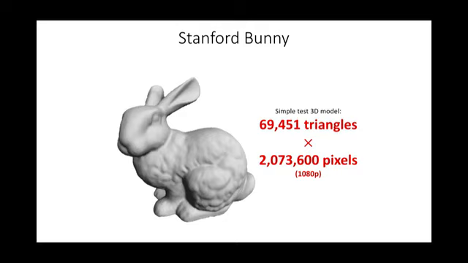It's composed of 69,000 triangles, and if I want a 1080p, like a high-def rendering of my triangle, then of course there's 2 million pixels on the screen. So if we look at our big O expression, roughly our computation time scales like the product of those two big numbers. So just to render this ugly gray bunny, it takes me a pretty large amount of time.